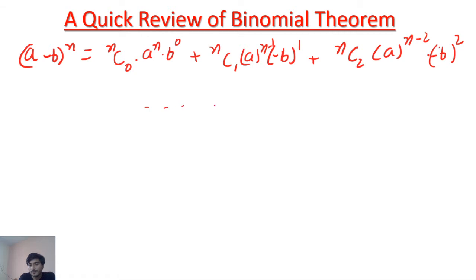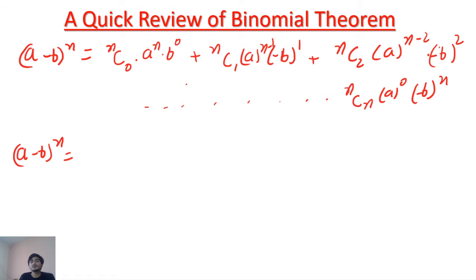And so on, nCn a to power 0 and minus b to power n. So here also you can see that in a minus b to power n, every second term is negative, because minus b to power odd is negative.